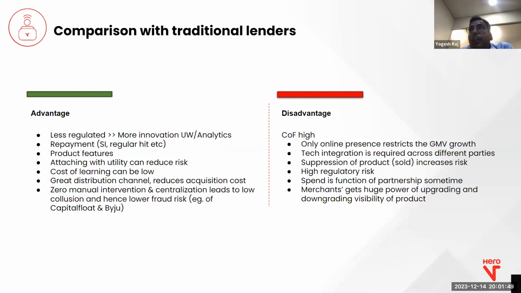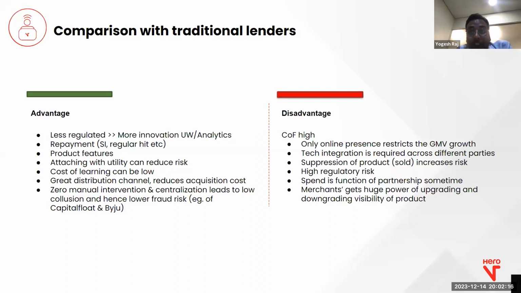Credit Float was one of the companies which faced a lot of employee fraud, where some of the employees got to know how a Byju's application can be approved, and the same information was applied manually by multiple users, and then that debacle happened where Credit Float saw lots of losses.